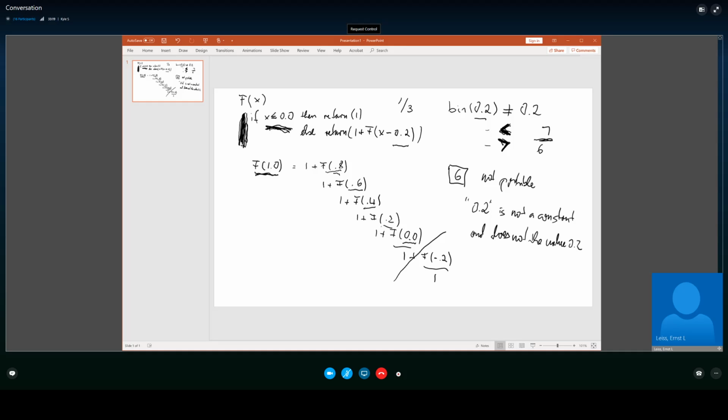In this case, I would simply go to integers and multiply everything by 10, in which case I'd still test for 0. Now, not 0.0, but for 0. And then I return 1 plus f of x minus 2, not 2.0, but 2. And so everything then is done in terms of integers. And so in this case, we then obviously avoid these pitfalls.